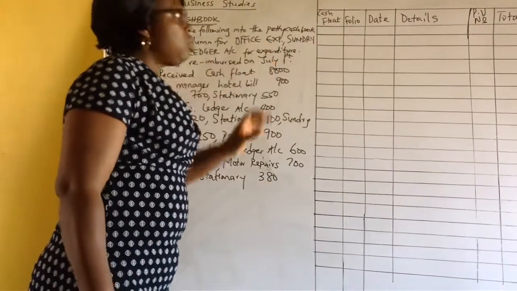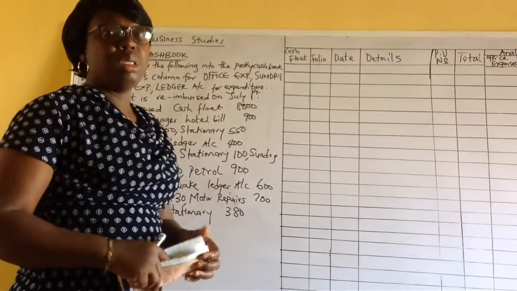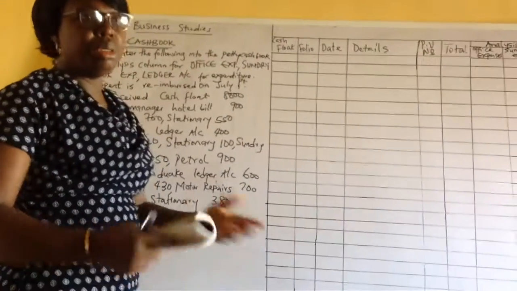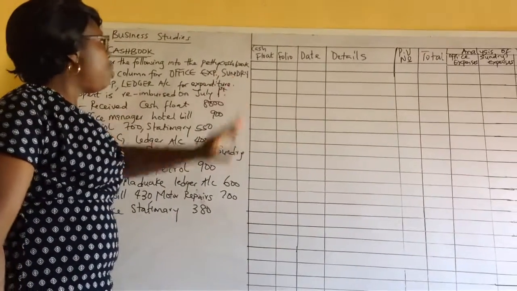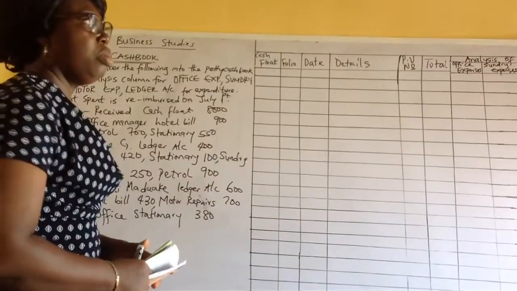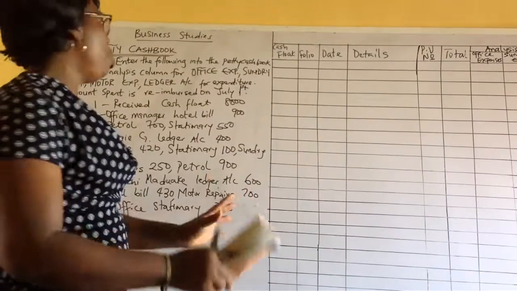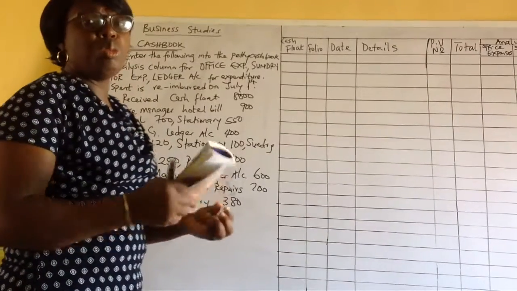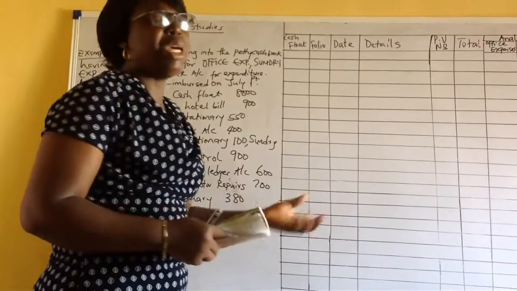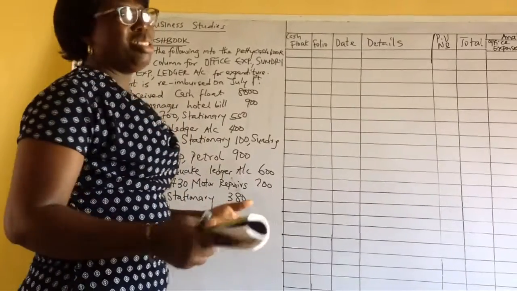Office expenses, anything that you have to buy for the office, biro, pencil, hotel bill, all these go to office expenses. Sundry expenses is not specific. Little monies that are spent for different things go to sundry expenses. Motor expenses, little monies that are used for making minor repairs are what you put in motor expenses, including transport.